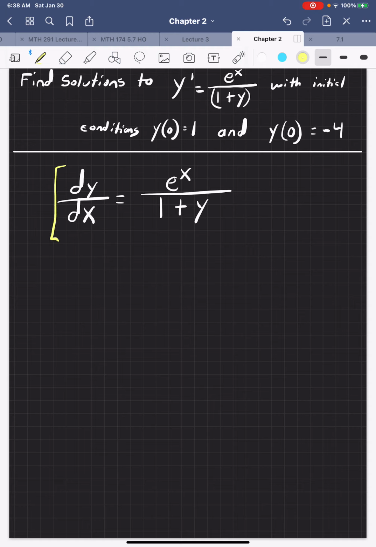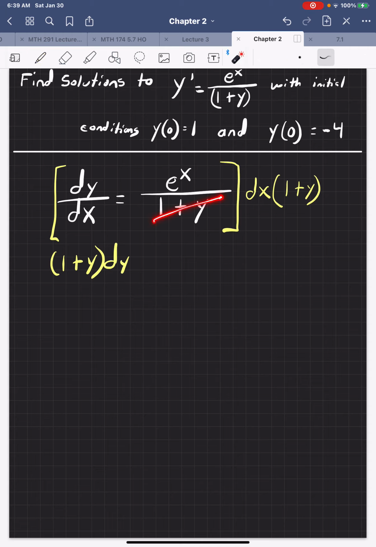And we can do this fairly easily. We want the dx's on one side and the dy's on the other side. So I'm going to multiply both sides of this equation by the denominators, so this dx would cancel from here, and that would leave me with just 1 plus y dy.